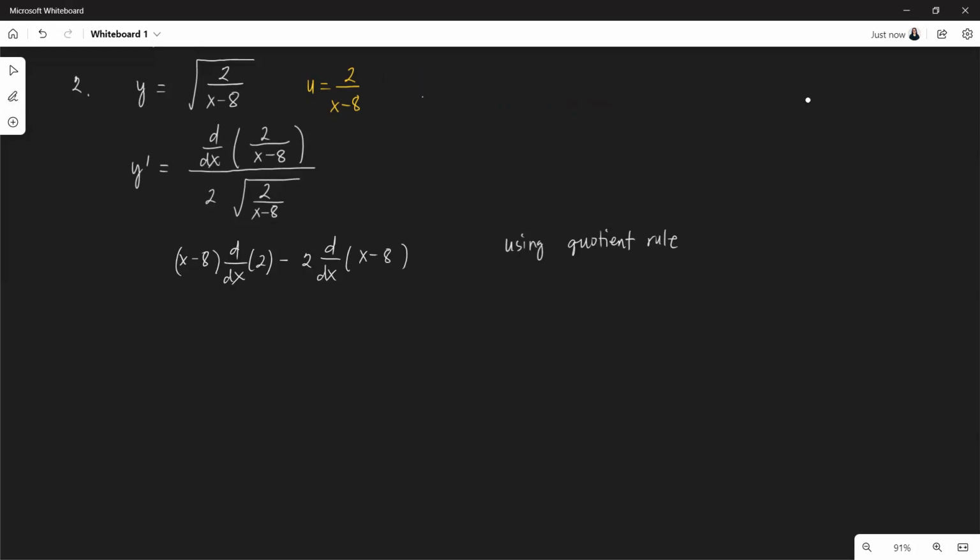So we are going to have the denominator squared for the quotient rule application, so (x minus 8) quantity squared. So we need to make another fraction line. This is the main fraction line separating the derivative of 2 over x minus 8.